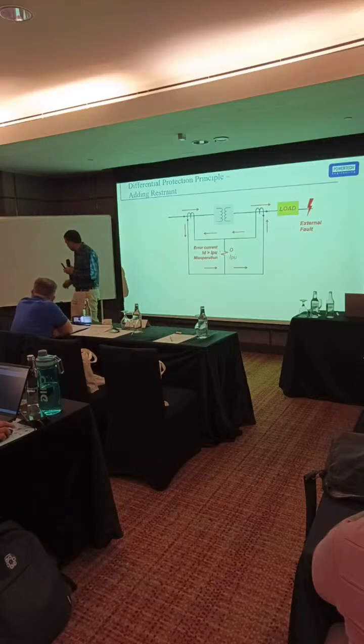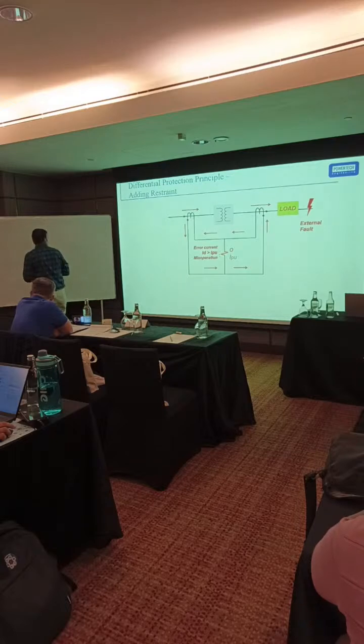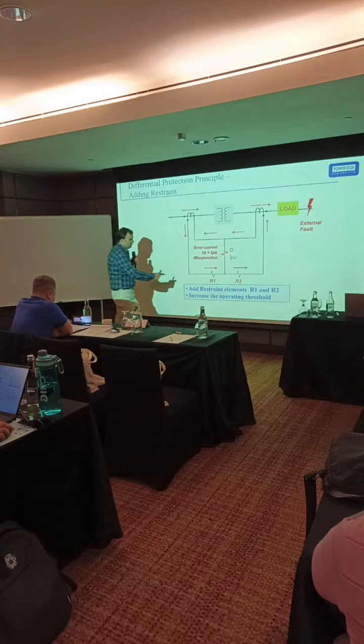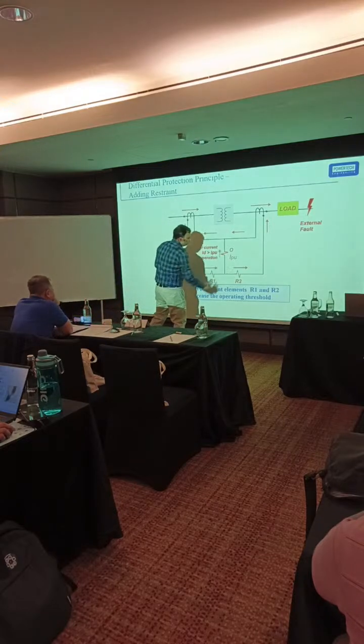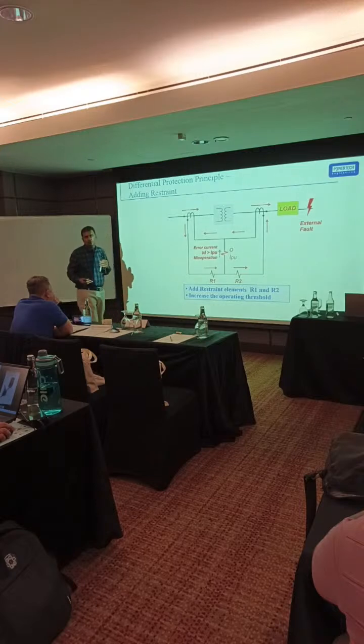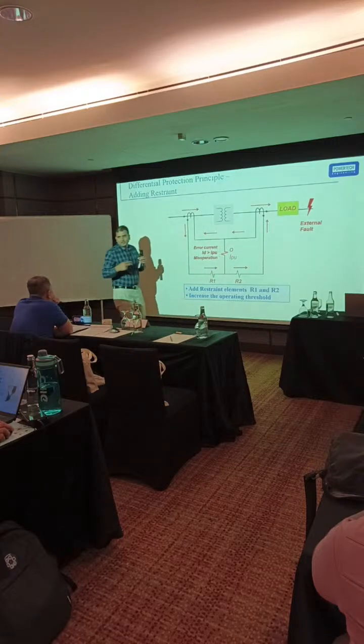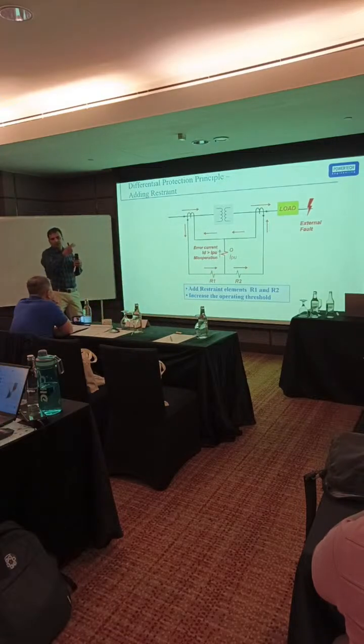So a restraining coil is added here. What we are doing is measuring this restraint current, and based on that we are plotting the graph.